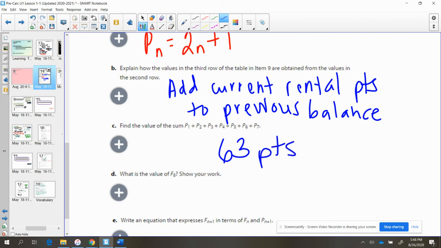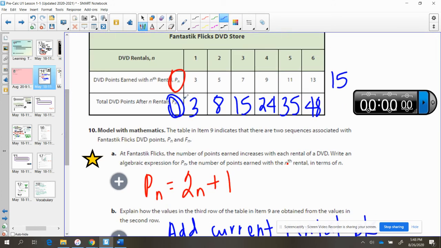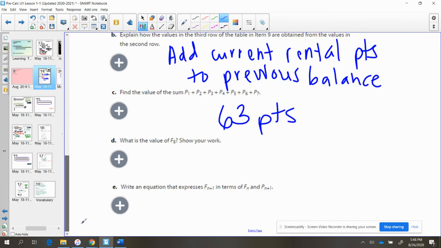And to figure out f sub 8, we had added 3, 5, 7, all the way through 15. This was our 7th. In order to get 8, we need to then add 17 onto that 63 for a total of 80 points.